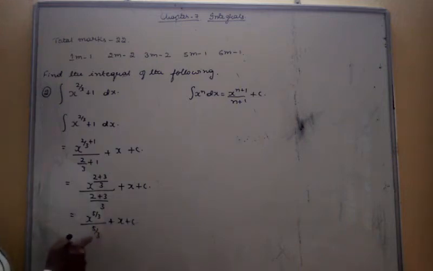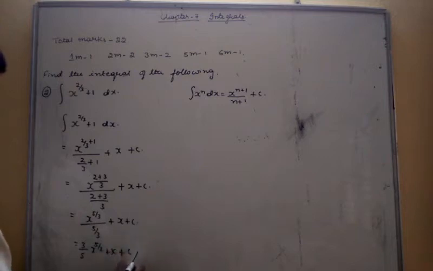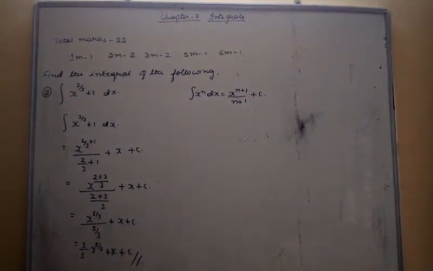Then if you take it to the numerator, 3 by 5 x to the power of 5 by 3 plus x plus c. So this is the answer. Okay, take down the next problem.